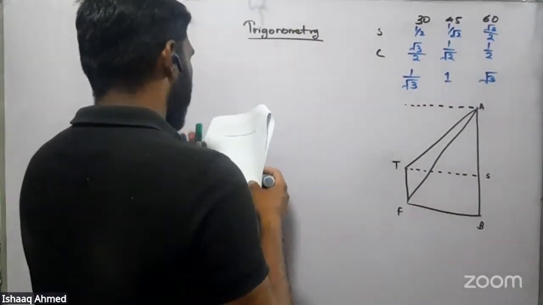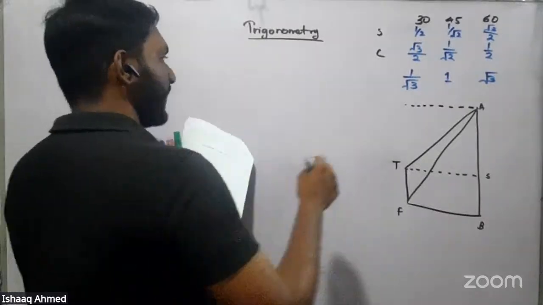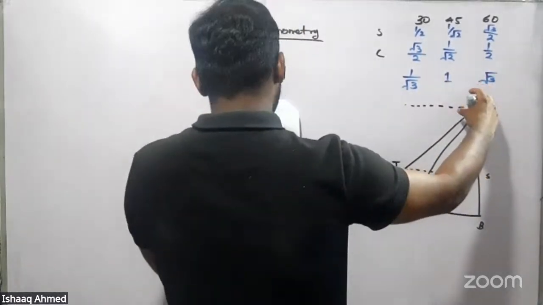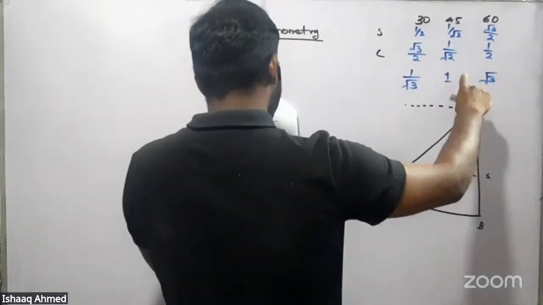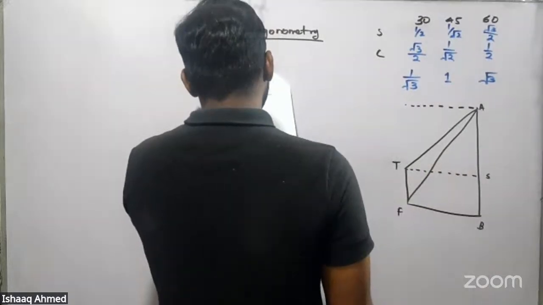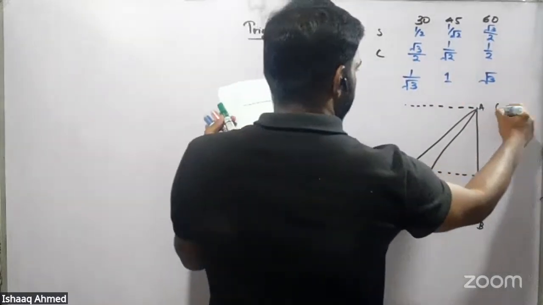Amal, from the window A of a vertical building, so Amal is here.